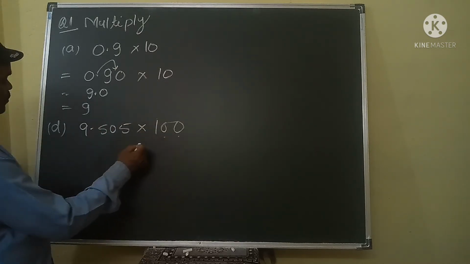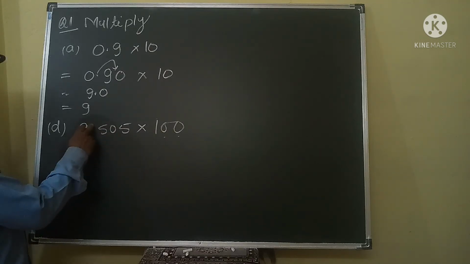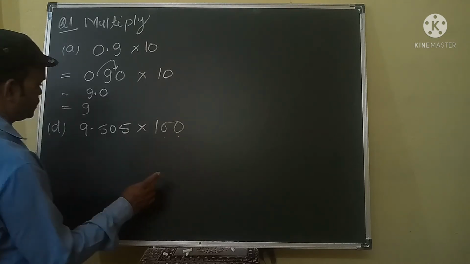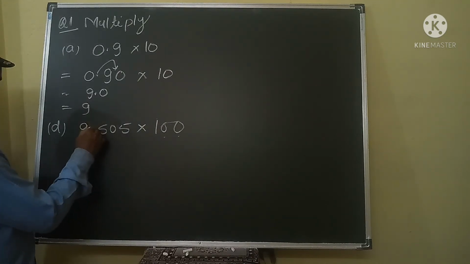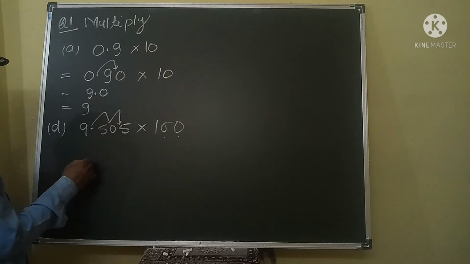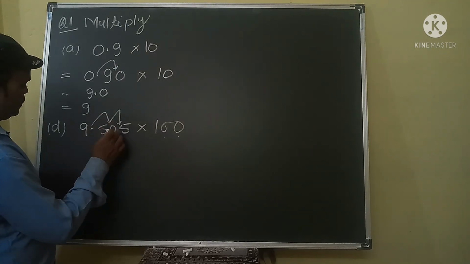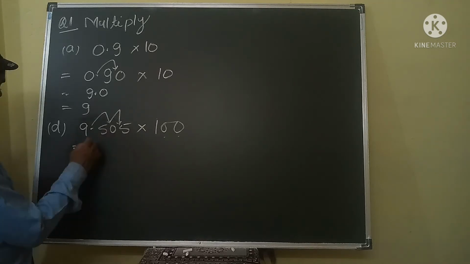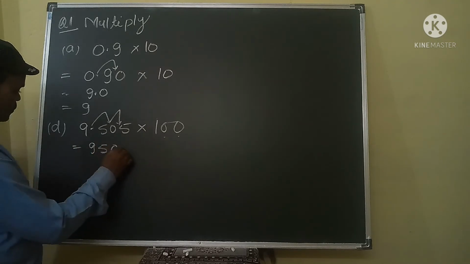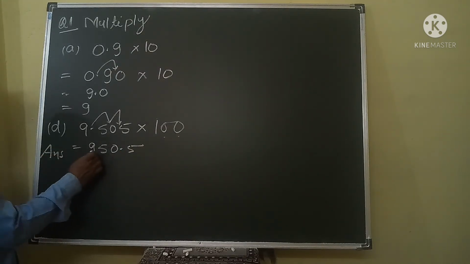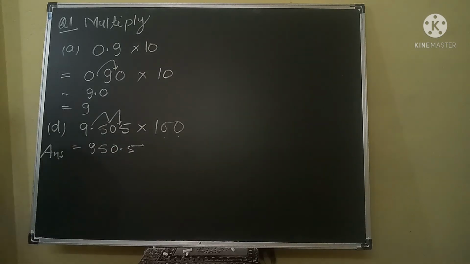Okay. So this is the first movement and this is the second movement. That means the final position of the decimal point is after 0. It will give you 950.5. This is the required answer for the required question.